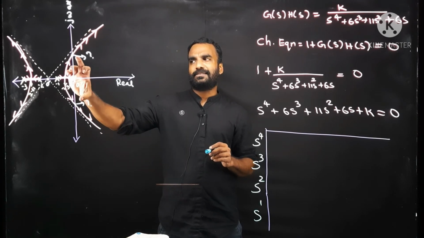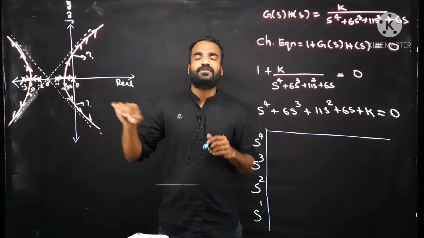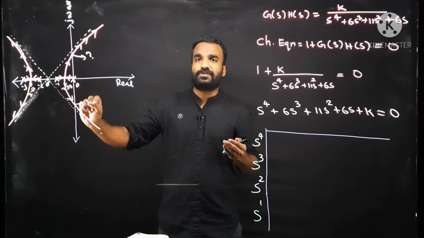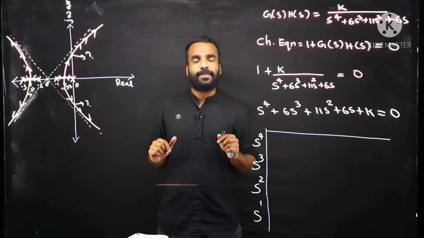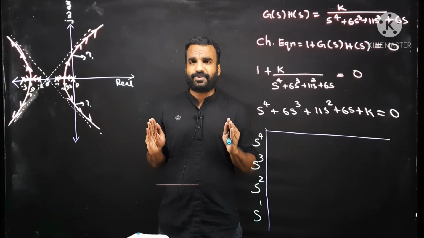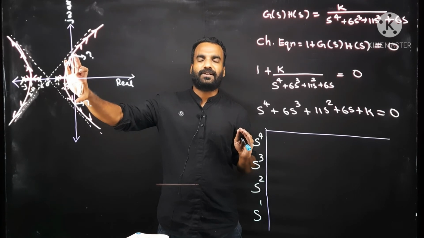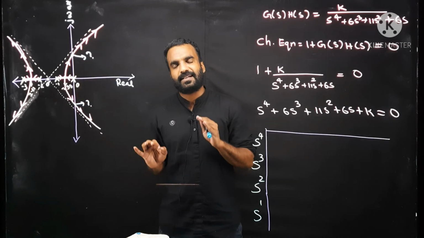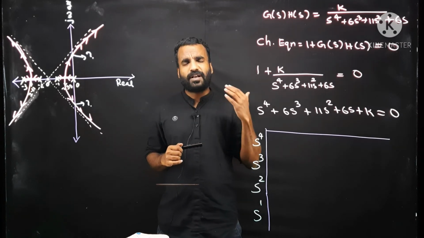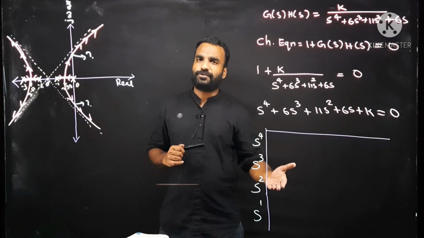So in this concept we are considering that as there are 2 crossing points, we are just considering it as 2 poles or zeros on imaginary axis. Not poles or zeros, 2 roots of characteristic equation. Ideally it will be poles. 2 roots of characteristic equation are there on imaginary axis. That is the RH special case 2. So if you don't have much idea about RH stability criteria, then also you can solve this problem.